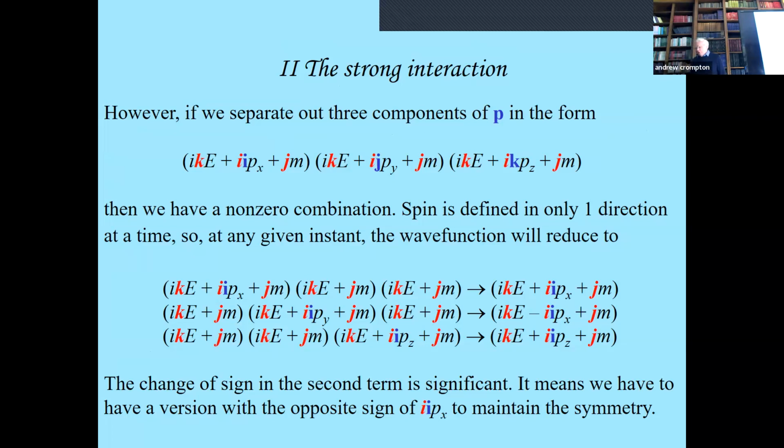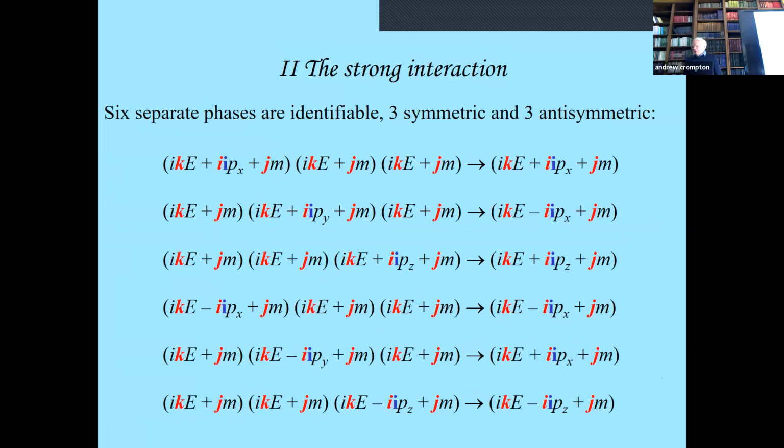And if you do it at the end, it'll look like the first one, but with PX, PY, PZ. So just by putting those in, we will get something that looks like one of those nilpotents. But we've got to be able to flip the I.